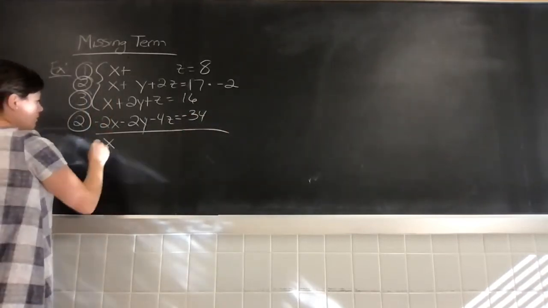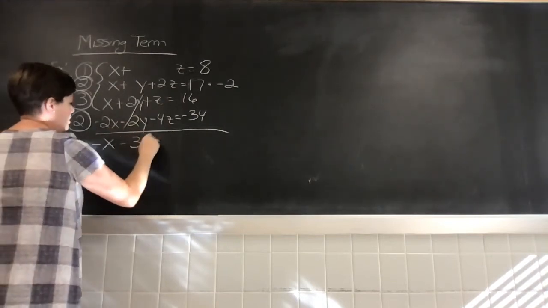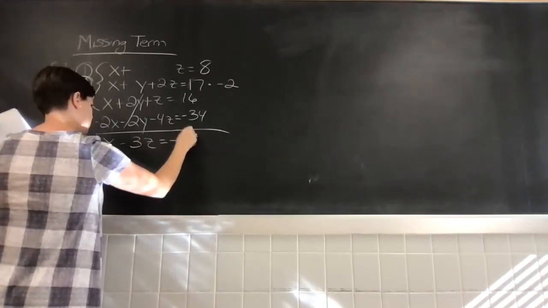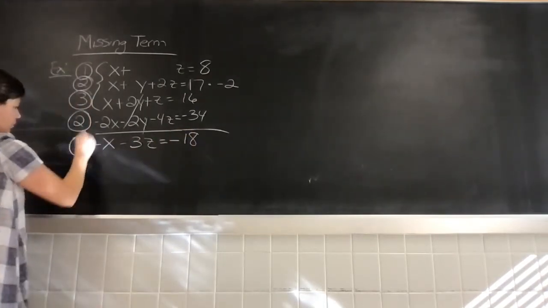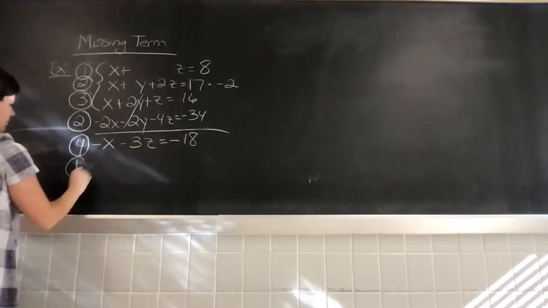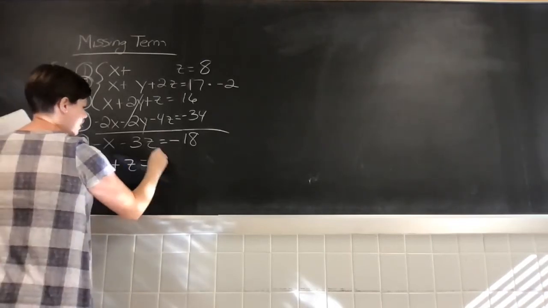I get a negative x, my y's go away, and I get a minus 3z equals a negative 18, and that's equation number 4. It's in terms of x's and z's, just like my equation 1 was x plus z equals 8.